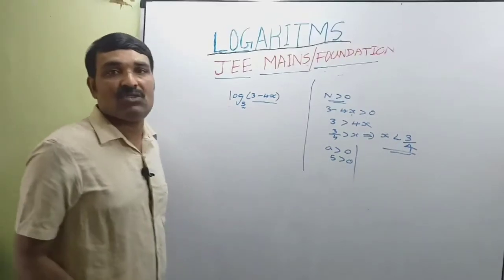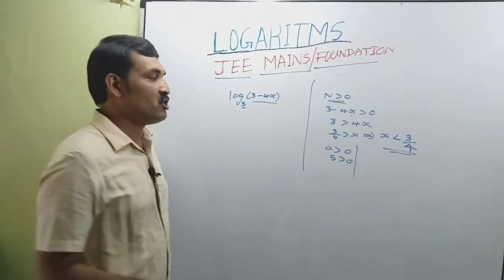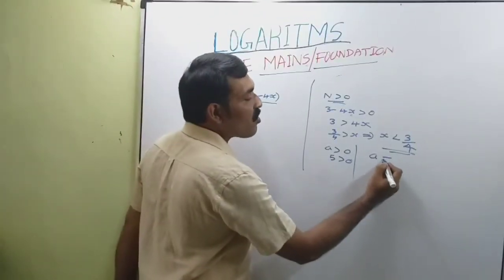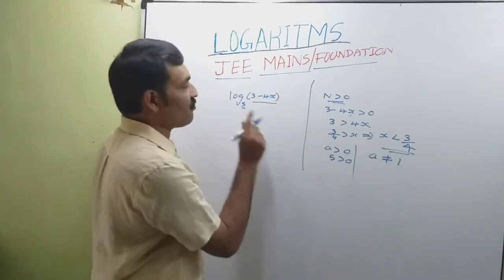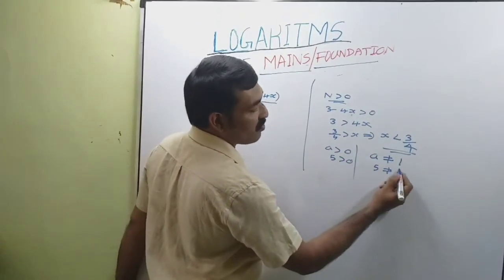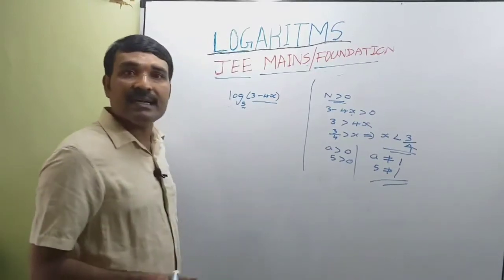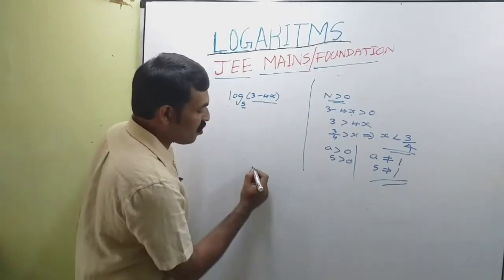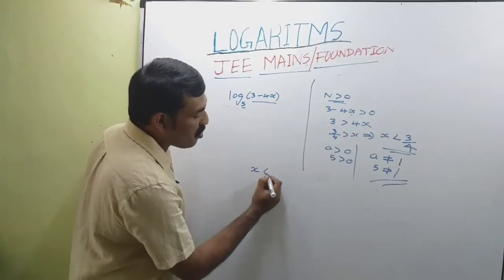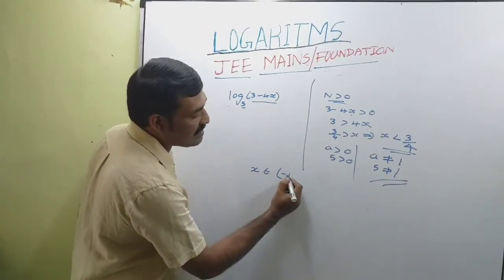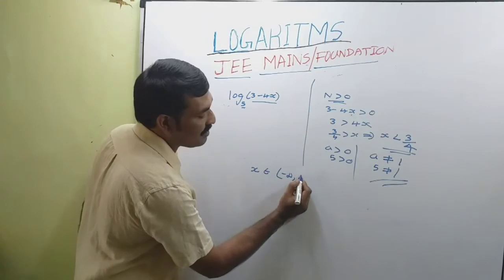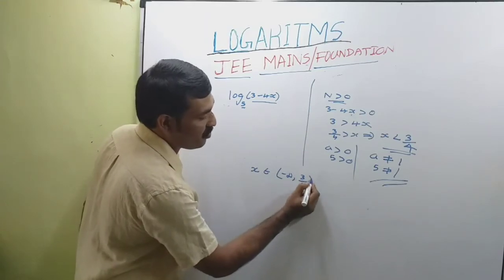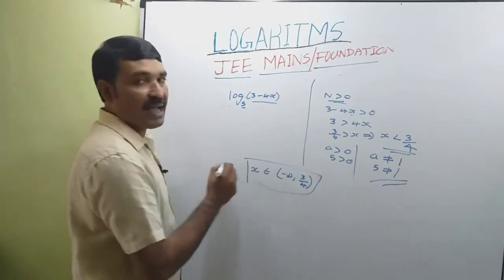Second condition is satisfied. Now check the third condition, that is a not equal to 1. Here a is 5. 5 not equal to 1. So all the conditions are satisfied. So the value of x is less than 3 by 4. So x belongs to open interval minus infinity to 3 by 4. This is the value of x.